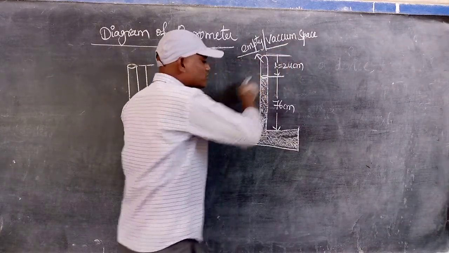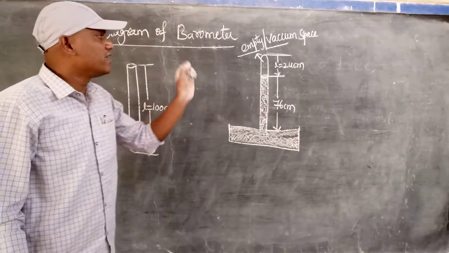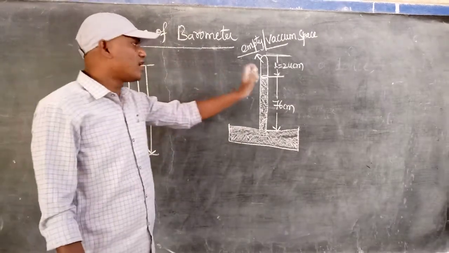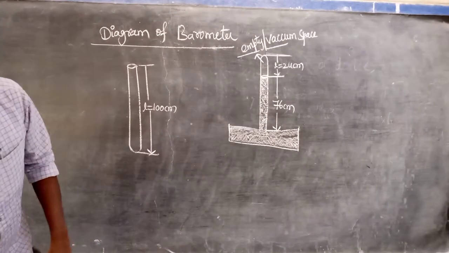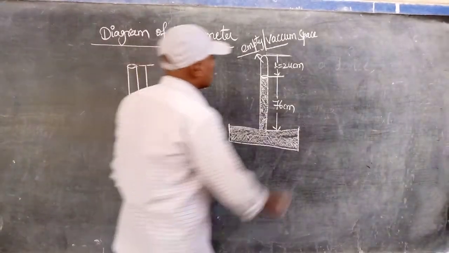This empty or vacuum space is called Torricellian vacuum, because Torricelli invented this.